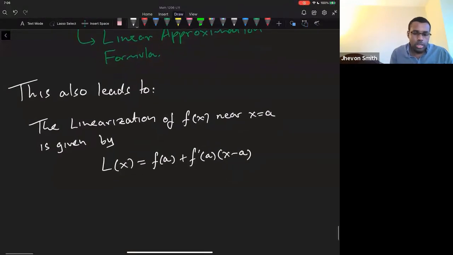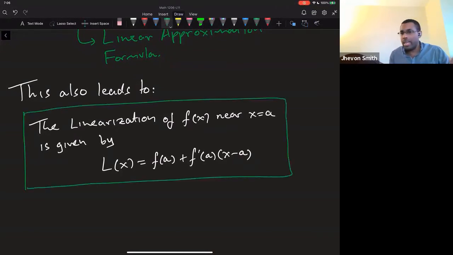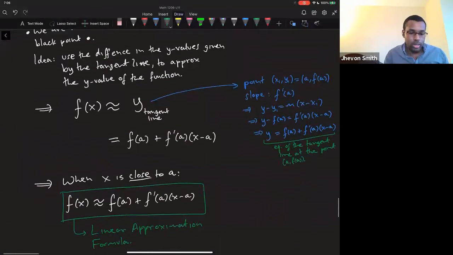So it's called the linearization because what we're really doing is essentially transforming the function into a line and using that line in place of the function. So it's called the linearization, or L of x.